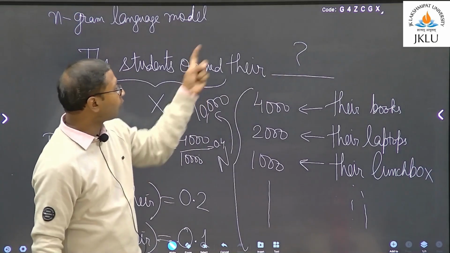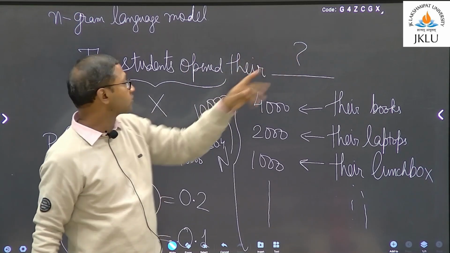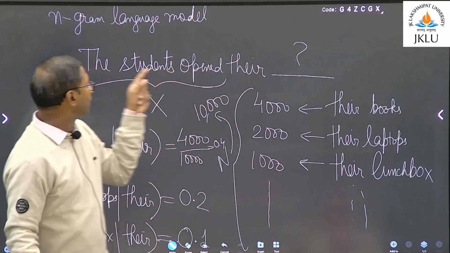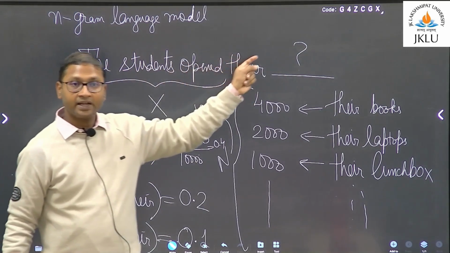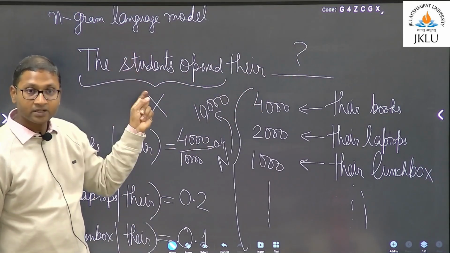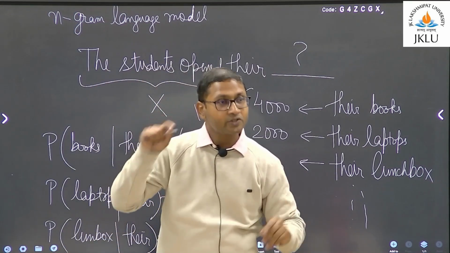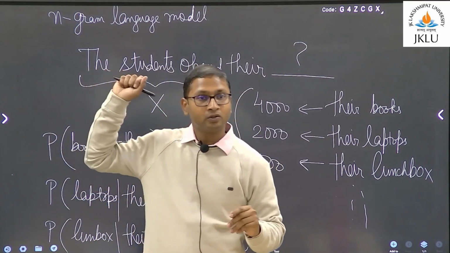But the moment I say "opened there", age cannot be there now, right? So it becomes more specific. Now this could have been the shopkeepers opened their shops. But the moment you say students, you are bringing more context in.